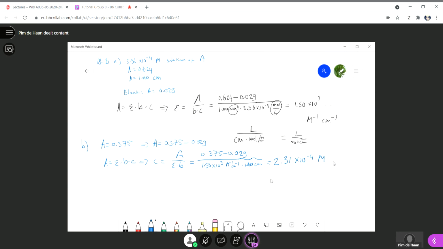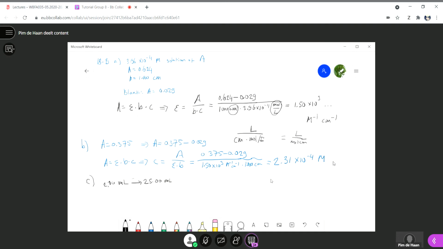Any questions? Type them in the chat. Open your microphone. I see nothing. Continue with C. A concentrated solution of compound A in the same solvent was diluted from an initial volume of 2 milliliters to a final volume of 25 milliliters.